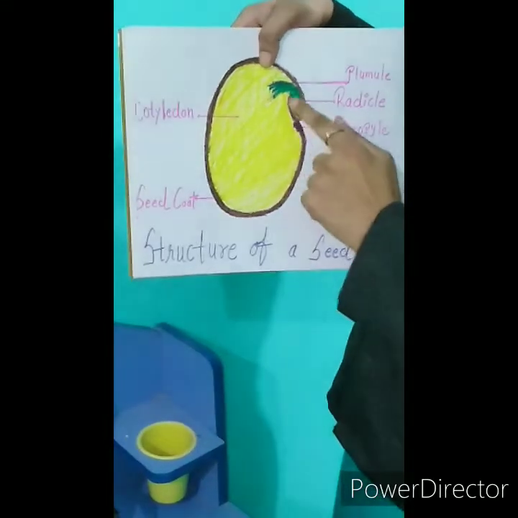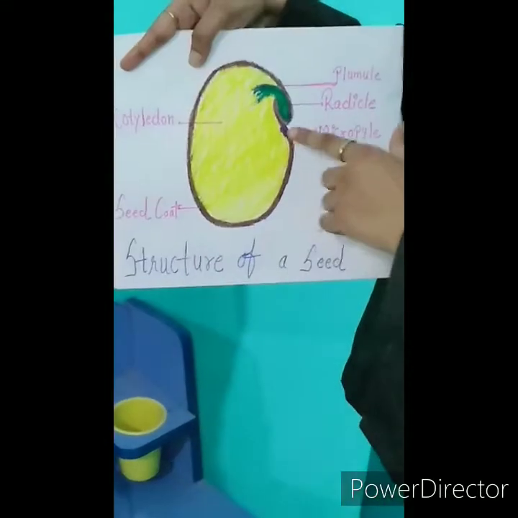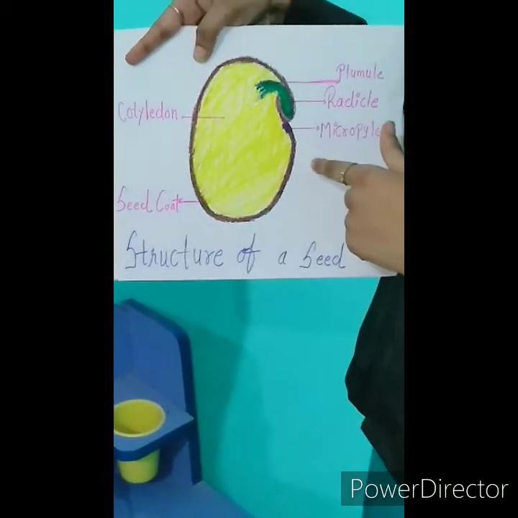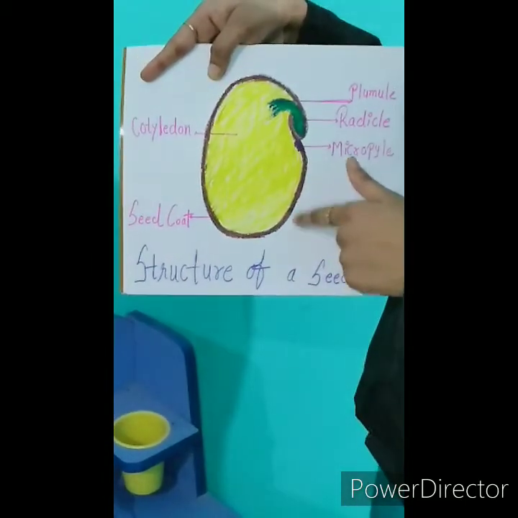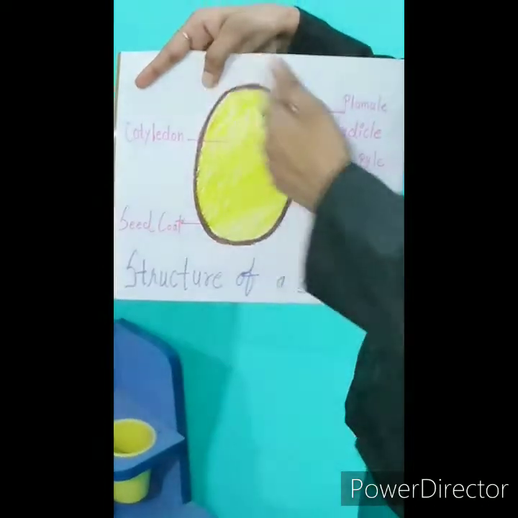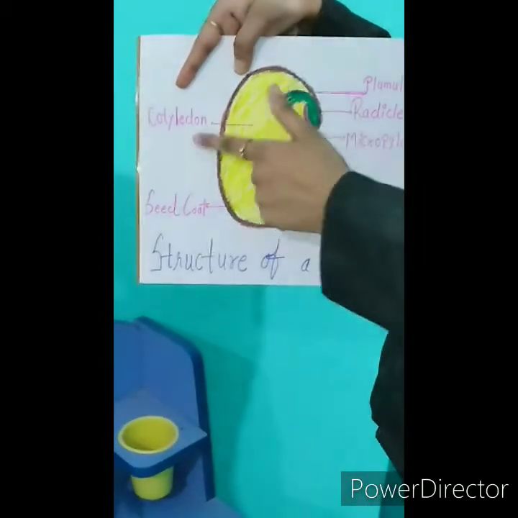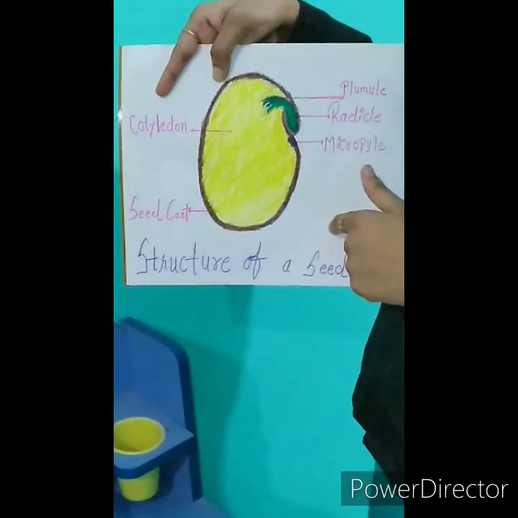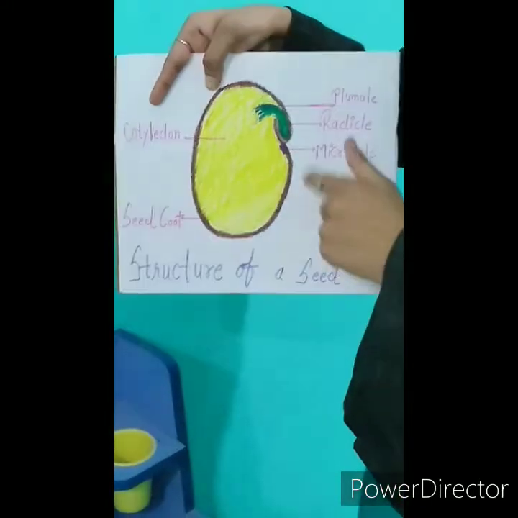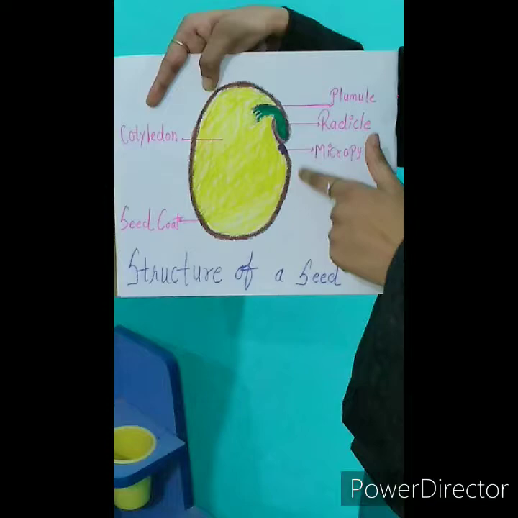There are different types of seeds. Some seeds have two cotyledons and some seeds have one cotyledon. The food is stored in the cotyledon, which is very useful for the growth of plants.